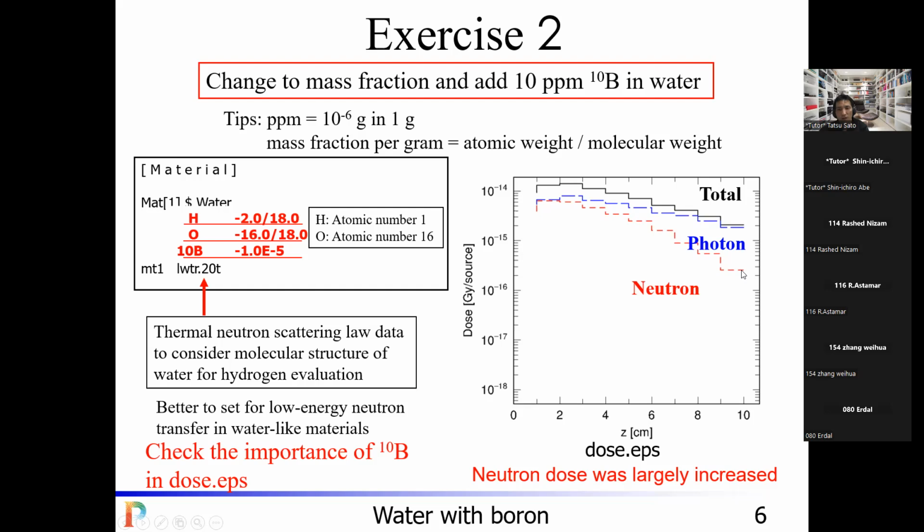So it's completely different. Now I think you can realize the importance of the existence of boron 10 in the dose calculation for a low energy neutron beam.